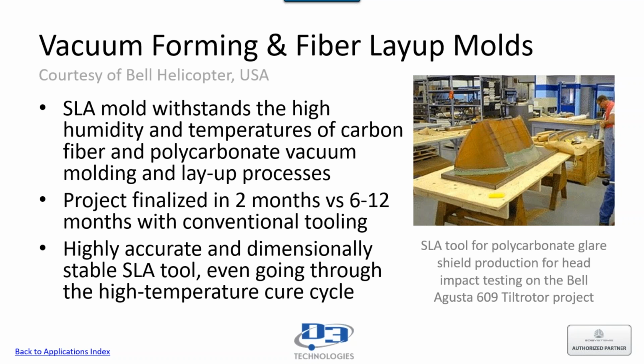Instead they finished the project in only 2 months, and they were really impressed with the accuracy of the stereolithography, as they deal with tight tolerances of about 2 to 3 thousandths. The material used to make that tool also had to withstand a high temperature of about 392 degrees Fahrenheit.